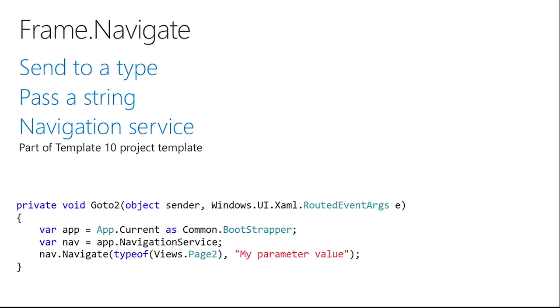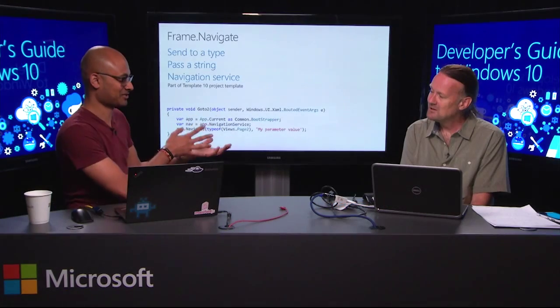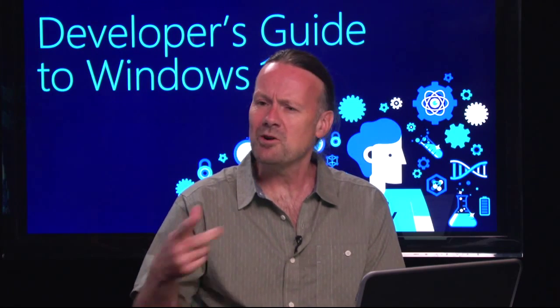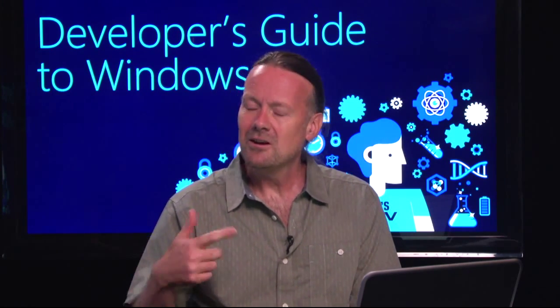Yeah, you'll see it in App.xaml.cs where it creates a root frame and attaches it to the window, in the bootstrap code. But thereafter, as an app developer, you don't really have to worry about what a frame is. It's just there. It does become interesting. Tomorrow I'm going to talk about the app lifecycle. So a frame is important in the sense that it manages the navigation between pages.